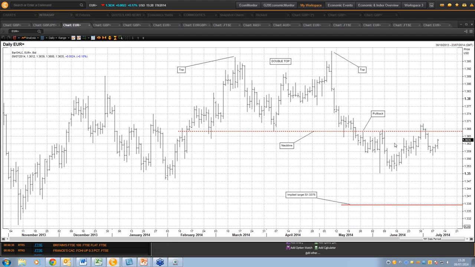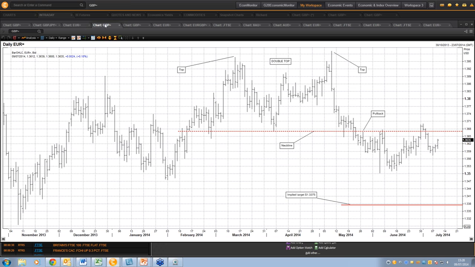Again, I would see this as another selling opportunity. I don't see anything really else to suggest that it isn't going to be another selling opportunity. That target from the big double top pattern on euro dollar is 133.75. And as I said, once again, we've had a couple of pullbacks, but I still see that this is going to be a chance to sell euro.